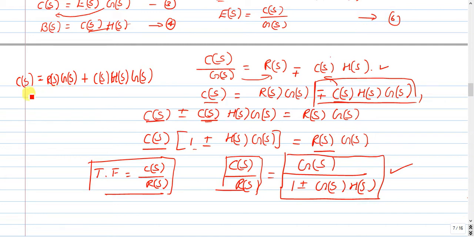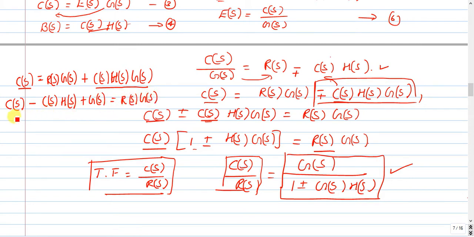Transfer function is nothing but output by input, so output is C of S and input is R of S. I will shift this complete term to the LHS. C of S will become minus C of S H of S G of S, that is equal to R of S G of S.